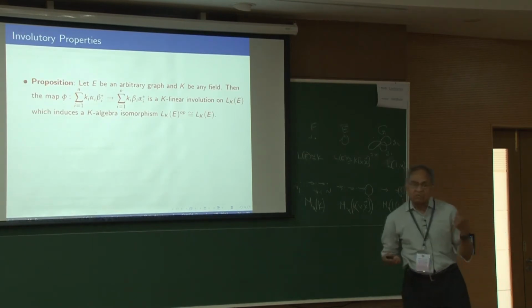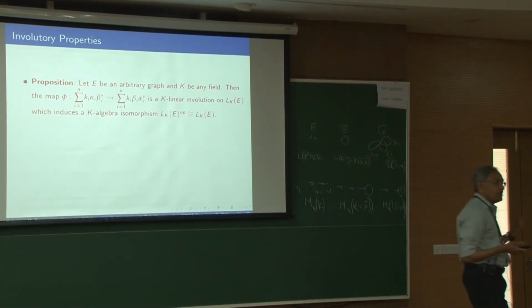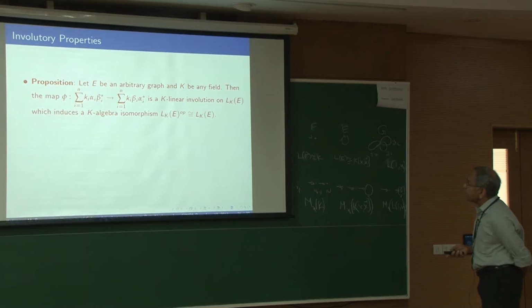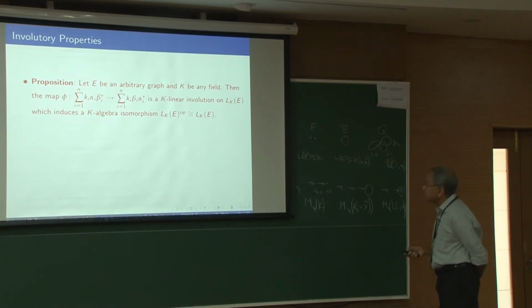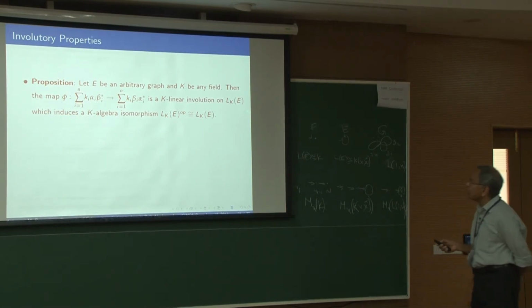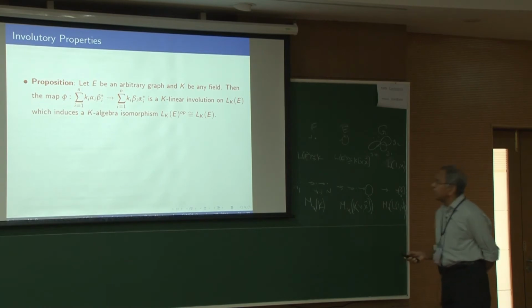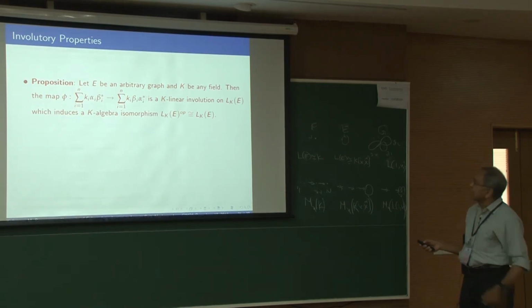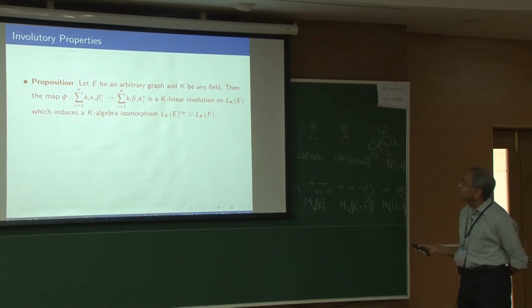And this gives rise to a very nice property of the Leavitt path algebra, namely, if E is an arbitrary graph, K is a field, then the map phi which sends any element summation Ki alpha i beta i star to the corresponding summation Ki beta i alpha i star is a K-linear involution of L_K(E), and this induces a K-algebra isomorphism from the Leavitt path algebra to its opposite, where the opposite operation is A times B times A. And these two are actually isomorphic as algebras.